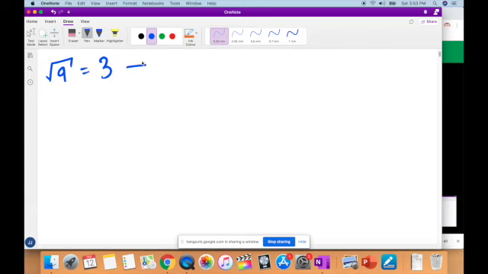So that means that 3 times 3 equals 9, which means that 3 squared equals 9. That means that I could take this 9.